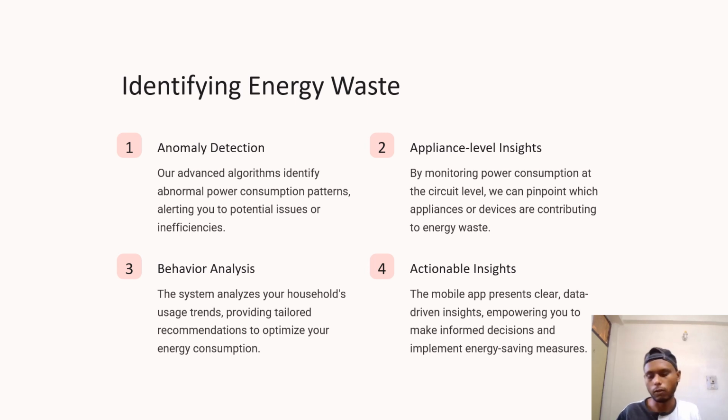For example, if there are 4 rooms in our house and for each room 25% of electricity is allotted, and 10% is consumed in the first room, 5% in the second room, 7% in the third room, and 22% in the last room, then we can conclude that there is something wrong in the fourth room. Some electrical appliance may have been left on by mistake, and it is wasting our energy. So from that we can identify the energy waste.